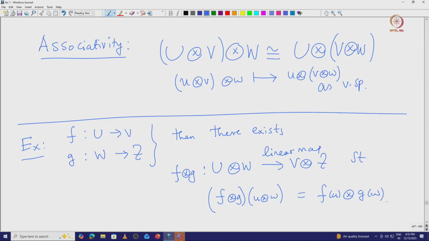So, this is how the tensor product of two linear maps is defined. This again you can prove using the universal property.